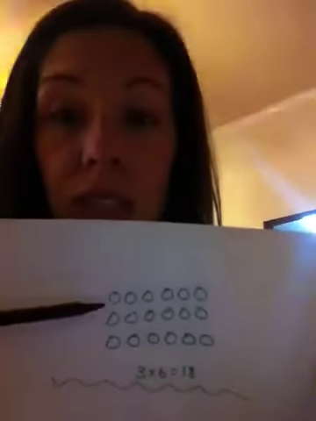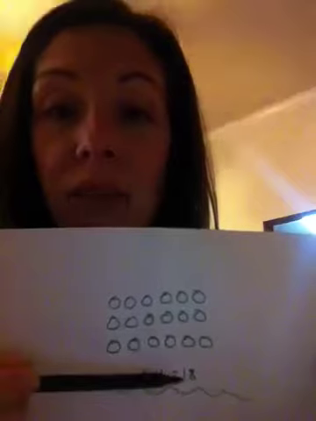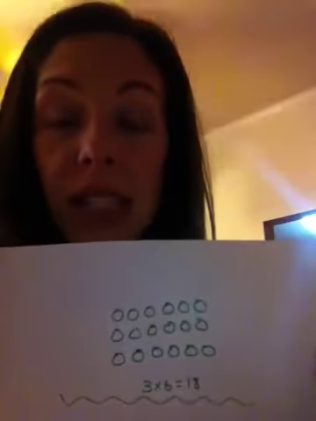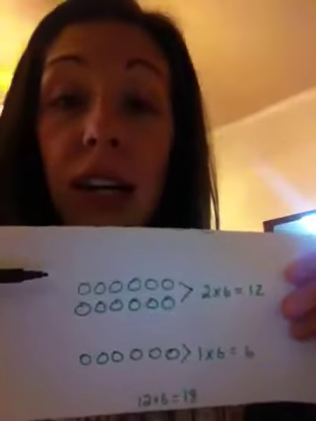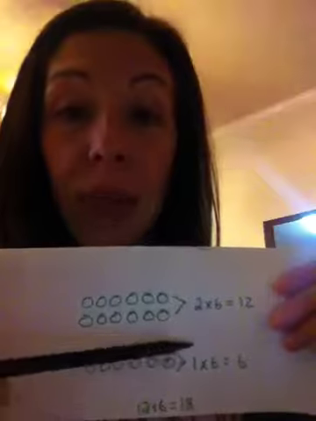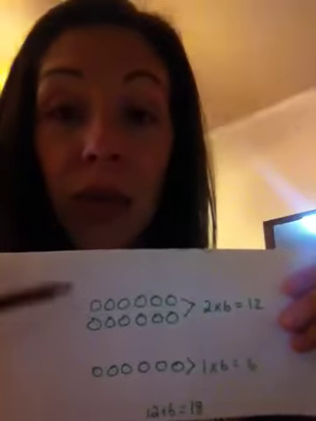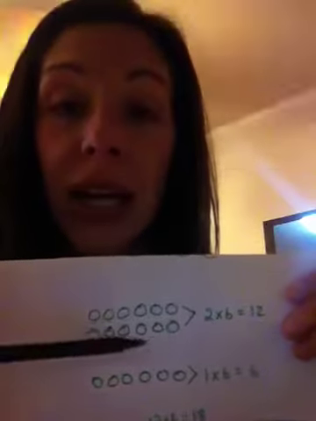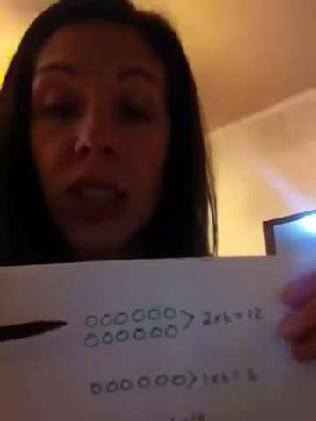If I drew an array, and I drew this earlier, it's the 3 rows of 6, 3 times 6. I know that equals 18. I want you to look down here. I have drawn an array that I've separated. It's the same 3 times 6 array, but I separated it into a 2's fact and a 1's fact.